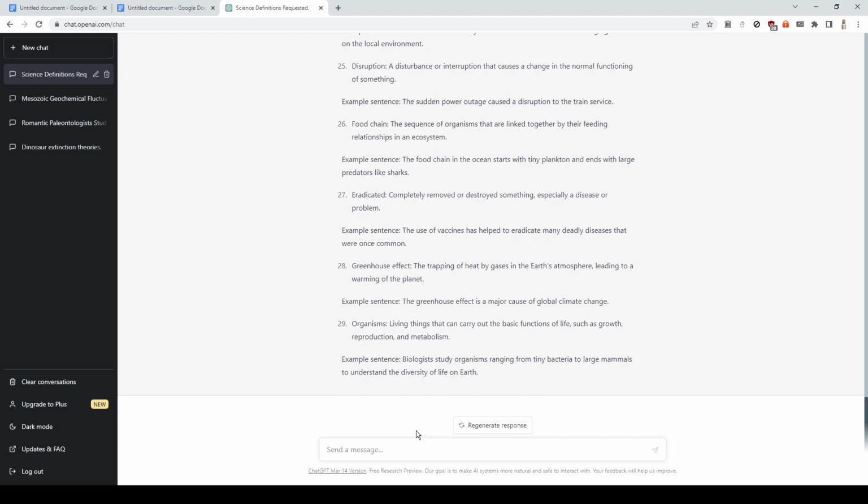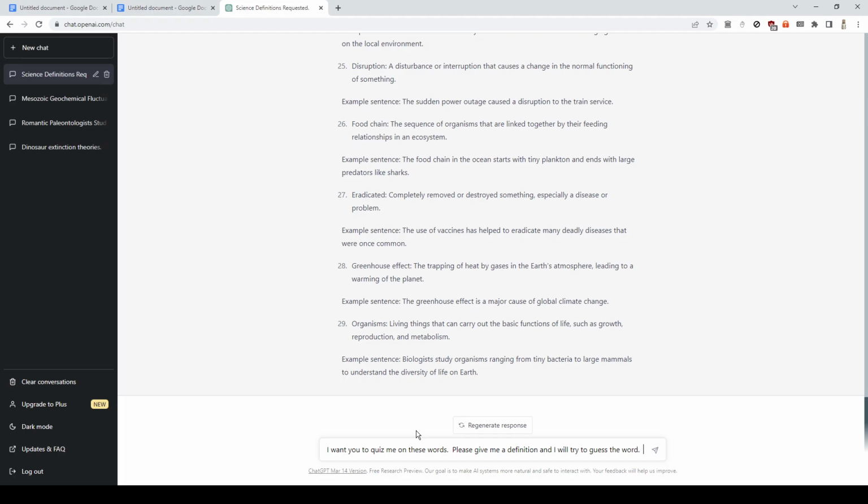But I want to see if I can get ChatGPT to quiz me on these words. So I'm just going to put in a request for that. Let's see what happens. I want you to quiz me on these words. Please give me a definition, and I will try to guess the word.